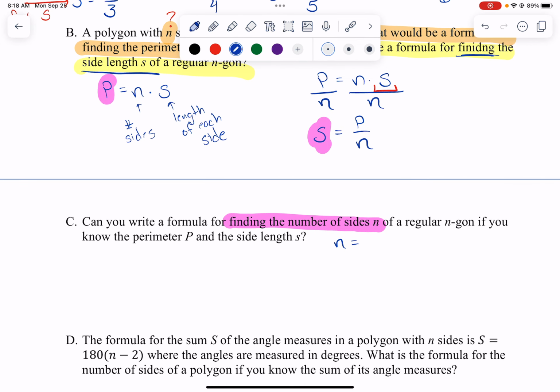So I'm going to go back to this equation, and instead of solving it for S, I want to solve it for n. N is being multiplied by S. To undo a multiply by S, I divide both sides by S. S divided by S is 1. So n equals P divided by S instead. So there I've solved for n.